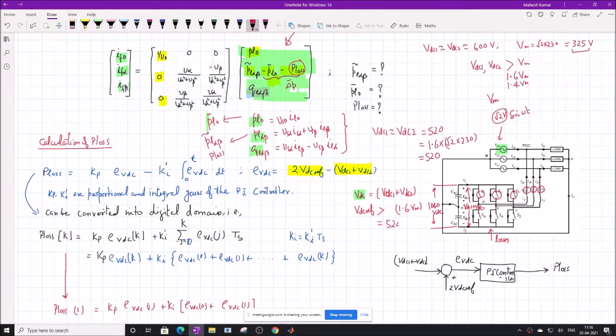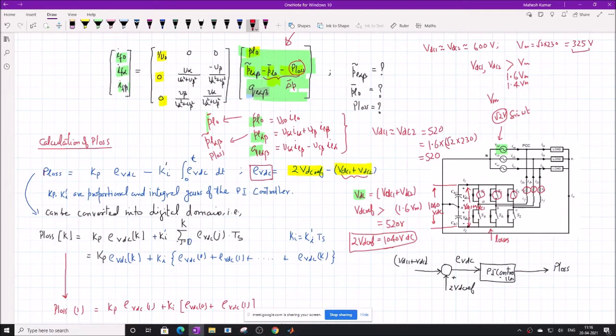So 520 volt. So 2 VDC ref is the total DC link, equal to 1040 volt DC. Okay. So this 2 VDC ref minus the actual capacitor voltages VDC1 plus VDC2, the difference makes the error in the voltage EVDC, and this error is passed through a PI controller.